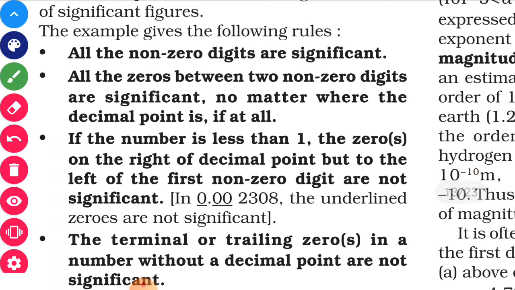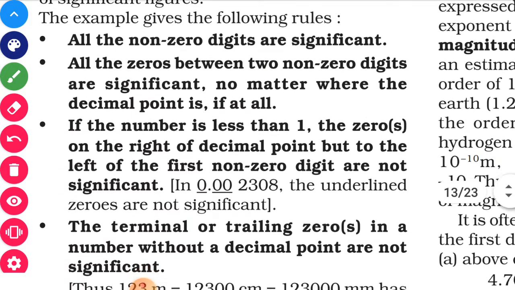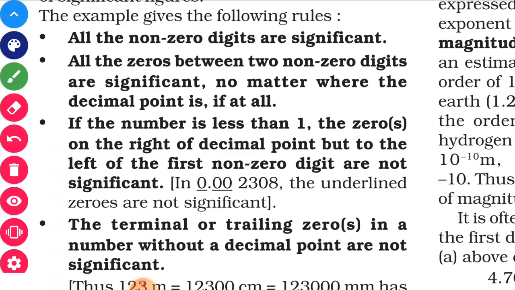All the non-zero digits are significant. All the zeros between two non-zero digits are significant no matter where the decimal point is, if at all.